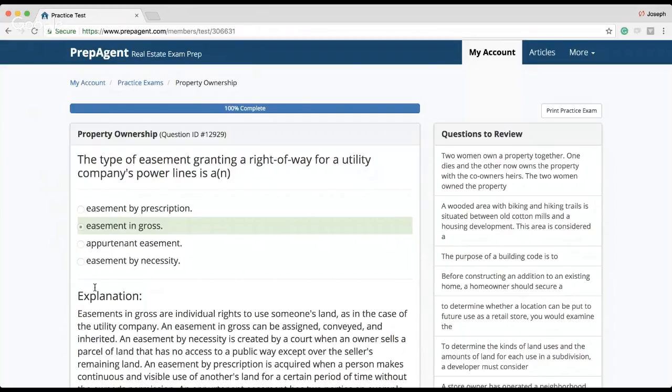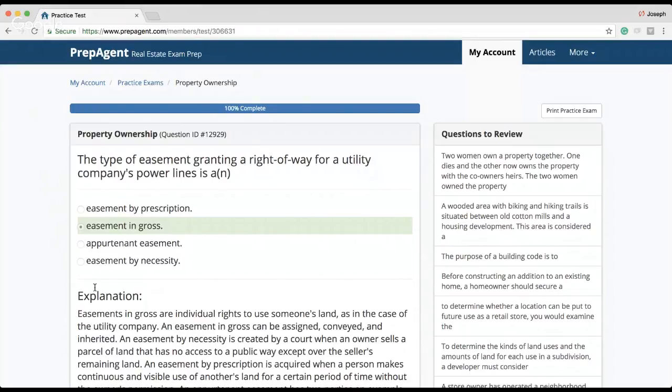Okay? Who could tell me what is an easement by prescription? What's an easement by prescription? There's one word that should come up to help you remember what an easement by prescription is. Nice job, Phoebe. Right? Time.